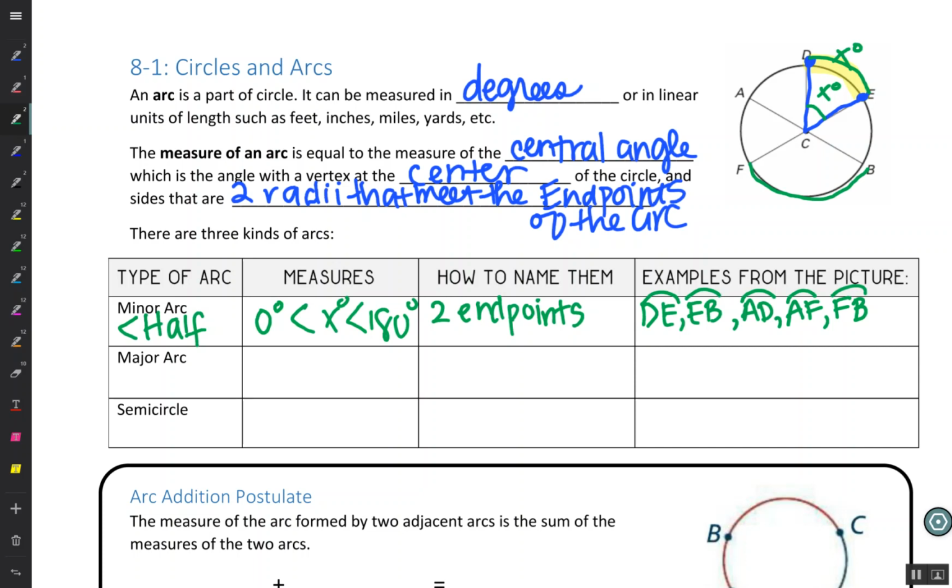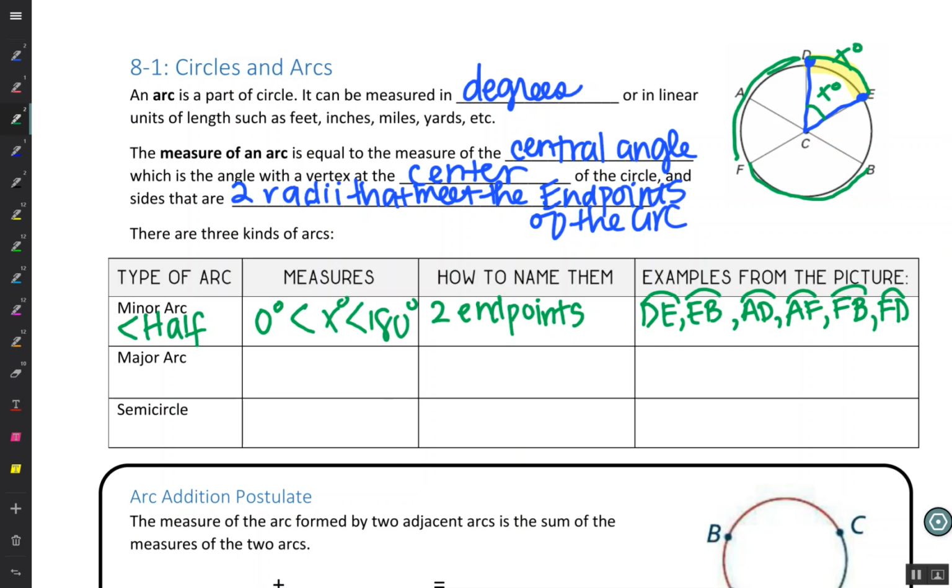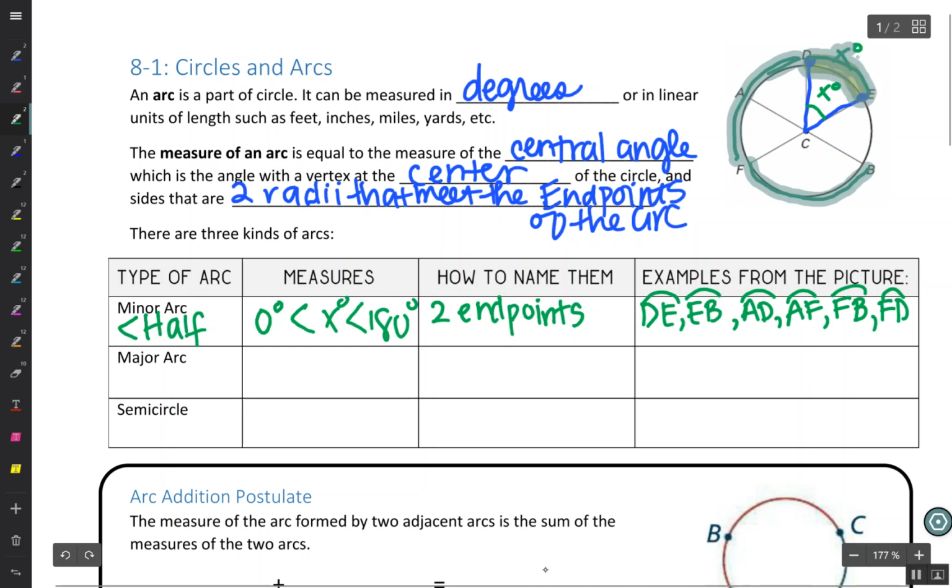No. Acute and obtuse would both fit under minor because they're both less than 180. Let's do, how about F to D? We do not want to put the letter A in it. Okay, because it's a minor arc, we're going to go from F to D. There's a lot more on here. This is just a couple of examples. Let's clear this all out a little bit.